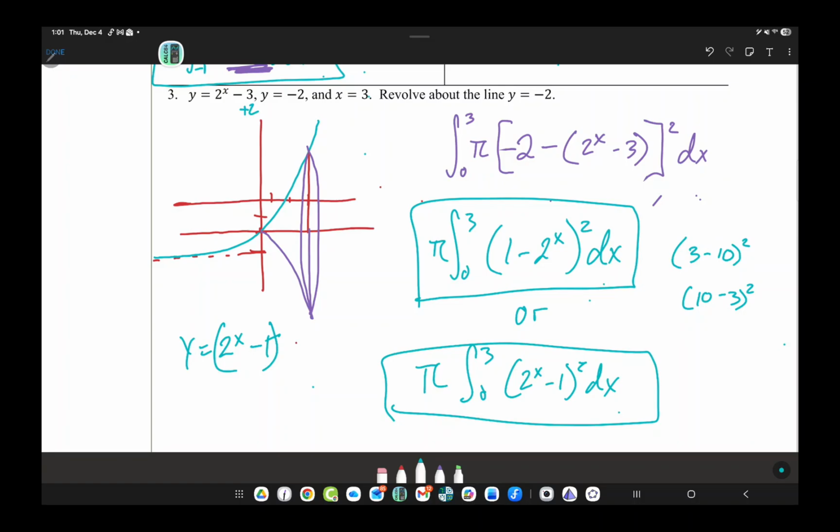I personally find that a lot easier to deal with because I don't have to worry about what subtraction goes first. That is entirely up to you. If you liked how we did it, you understood how we did it because it made that connection between finding area between two curves, great. But if you can see that shift and do that shift, I would use it.